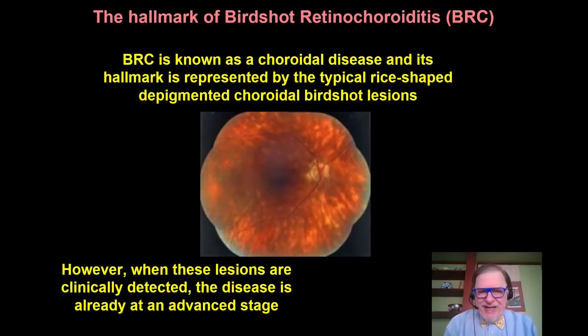Birdshot is known as a choroidal disease mainly, and its hallmark is represented by the typical rice-shaped, depigmented choroidal birdshot lesions. However, when these lesions are clinically detected, the disease is already at an advanced stage.